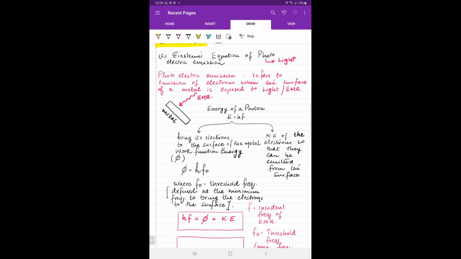And if I ask you, what is threshold frequency? So phi is equal to h f naught. F naught refers to threshold frequency, which is defined as the minimum frequency needed to bring the electron to the surface of the metal. So let me repeat myself again. Work function kya hai? The minimum energy needed to bring the electron to the surface.